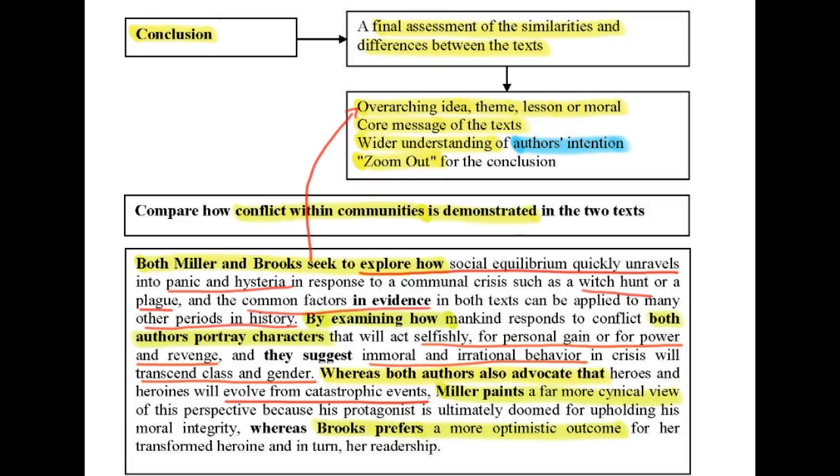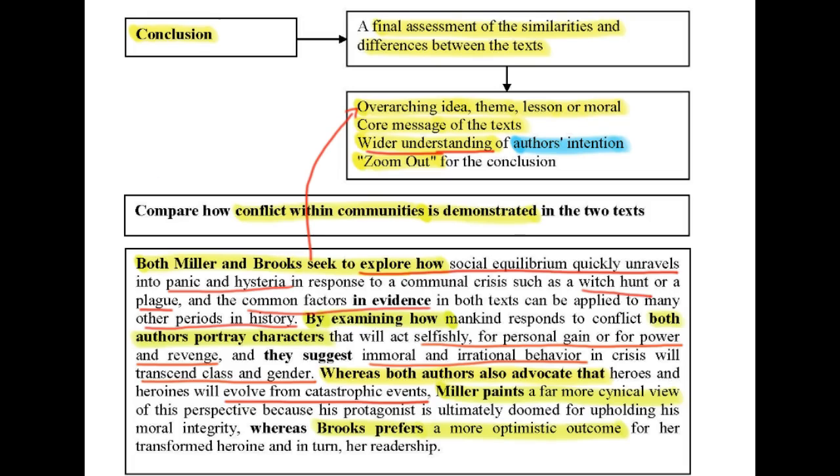So looking at this conclusion sentence by sentence, I hope we can see that we have taken a wider perspective or wider understanding, given the core messages of the two texts.